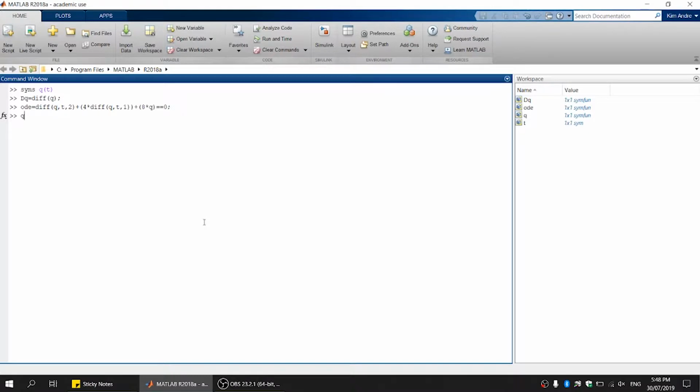Then, enter the differential equation with variables q and t with their corresponding coefficients and order. MATLAB will solve for the general solution of the differential equation, q as a function of t.